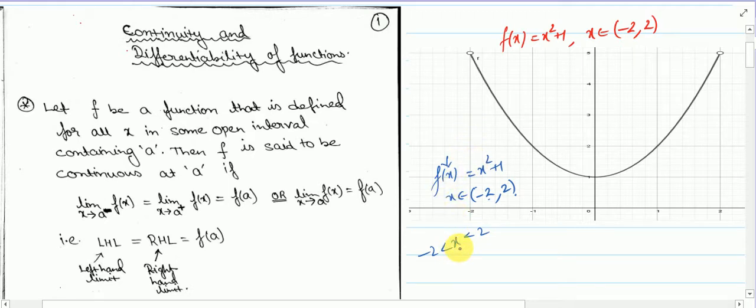So if you take x equal to 0, your output will be 1. When you plot the graph for this function, you can see that I am able to draw it without lifting my pen. So we say that this function is continuous in the interval minus 2 comma 2.